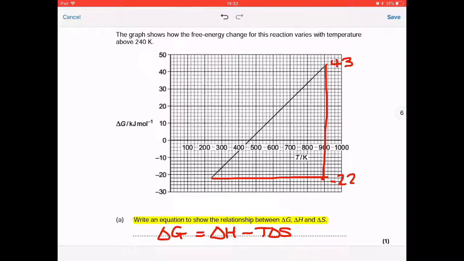So the difference in y values is 43 plus 22, which is about 65. So the change in y is 65. Along the bottom, you've got your first x value, which is 240. The second x value is about 900. So if you take the two away from each other, delta x is 660.